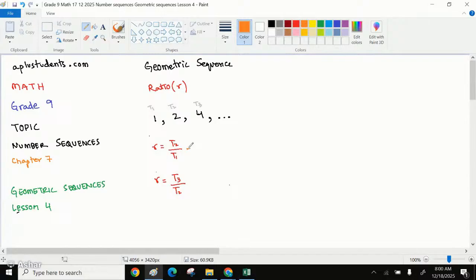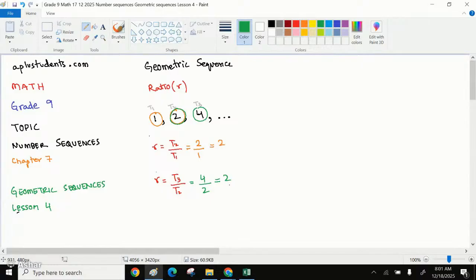So let's see over here. Term 2 was 2. When divided by term 1, 2 upon 1 comes out to be 2. That means the ratio is 2. Let's compare and see whether the ratio is equal or not. Term 3 was 4. When 4 is divided by term 2, that was 2, the ratio comes out to be 2.